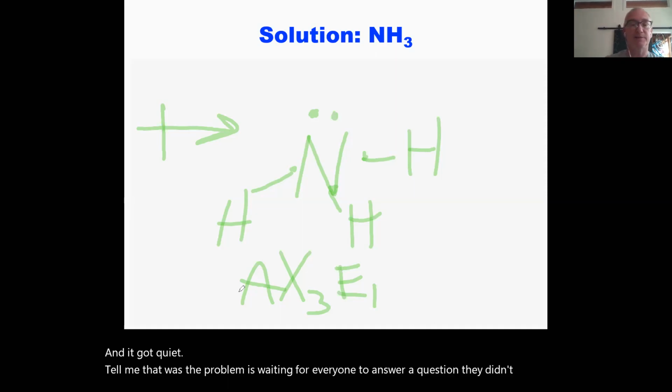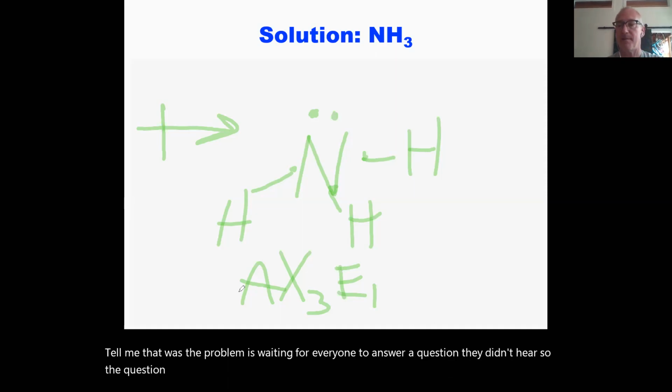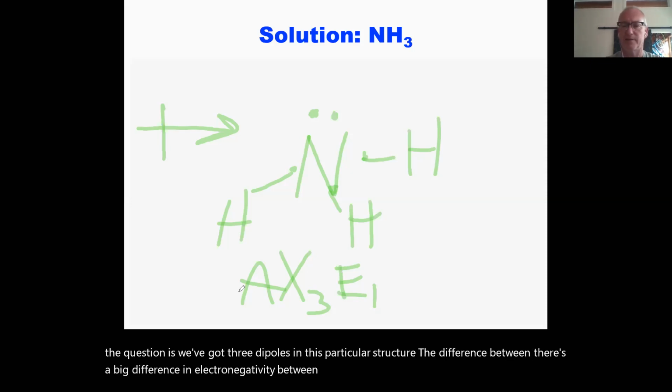So the question is, we've got 3 dipoles in this particular structure. There's a big difference in electronegativity between nitrogen and hydrogen. I think it's around 1.4.